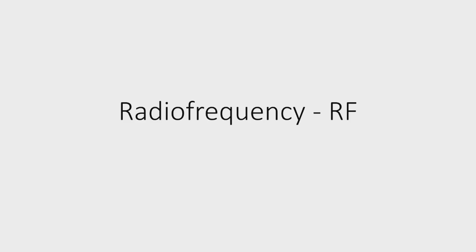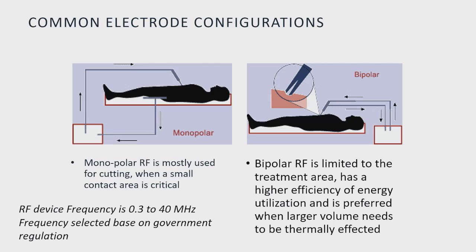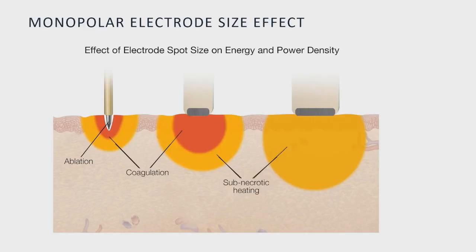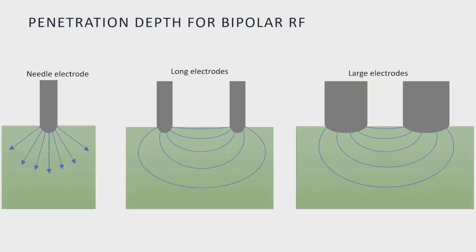Robert is probably the best expert in the world, not just in the application of radio frequency, but in understanding this technology, because he's a participant in its development. I will just tell you briefly that we have two types of radio frequency: monopolar, when we need two electrodes, with one electrode applied to the back, mostly used for surgery, and bipolar RF, where we have both electrodes inside your handpiece. This determines the distribution of the heating.